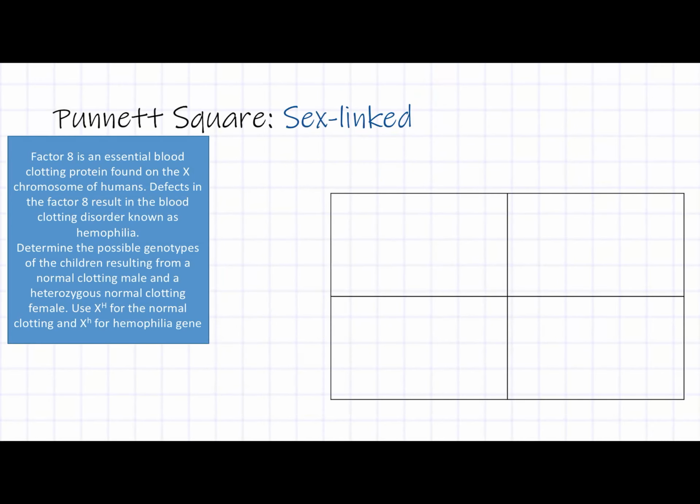So we're going to start by looking at hemophilia. So we have a normal clotting male, so using X with a capital H is normal. X with a small h is having hemophilia. So it's a small h, so we know it's a recessive gene.